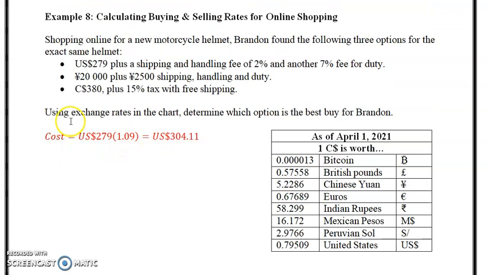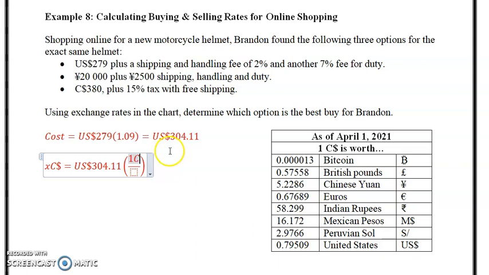So now we'll convert. So X Canadian dollars is going to equal 304.11 US multiplied by, right, your brackets, and your conversion factor.